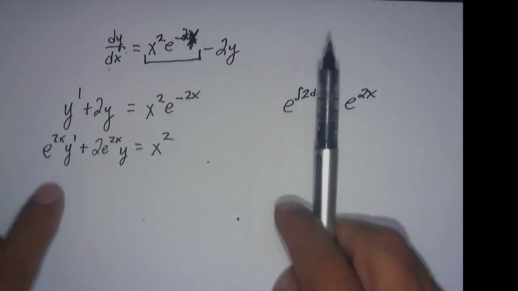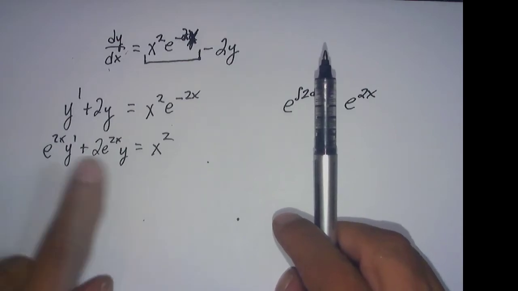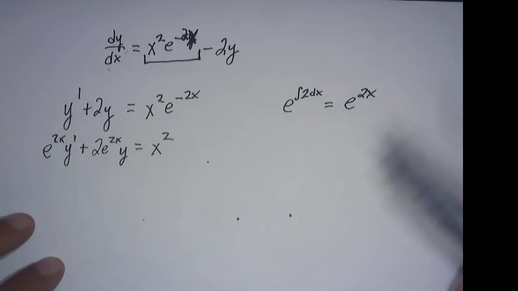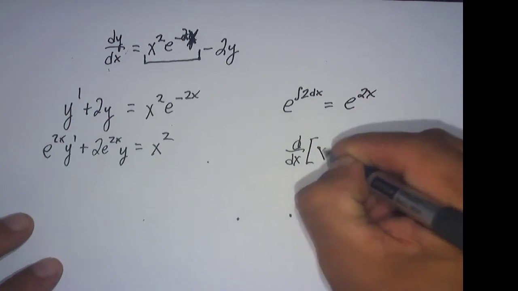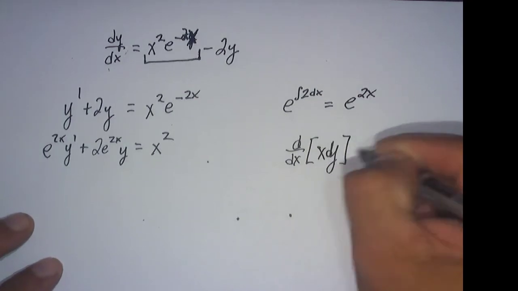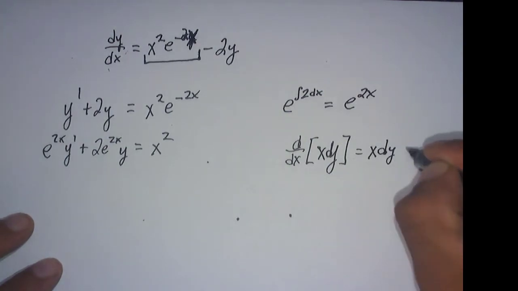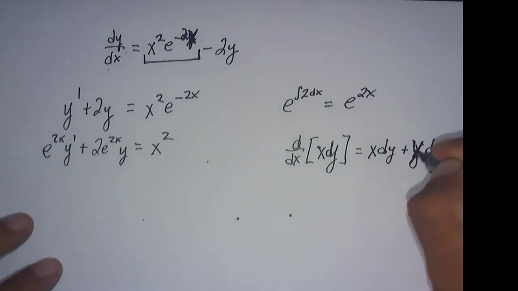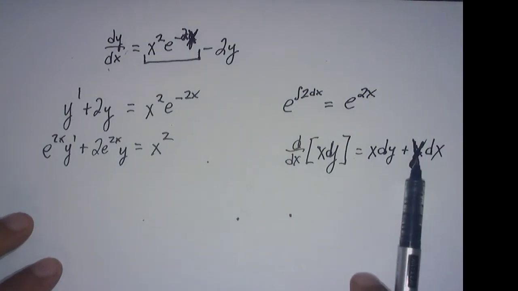Now, notice that if you take the derivative of this, you get this. That's where the product rule comes into play. So remember the product rule, and I'm going to write it over here, of xy is the first times the derivative of the second plus the second times the derivative of the first.